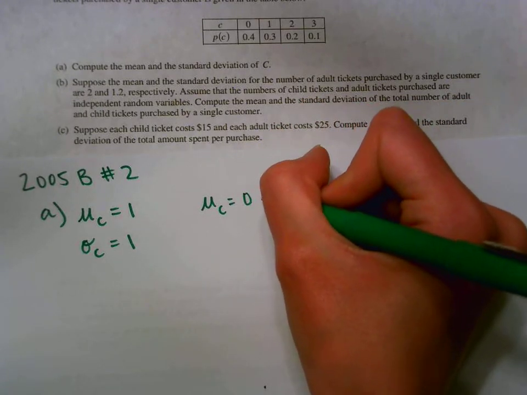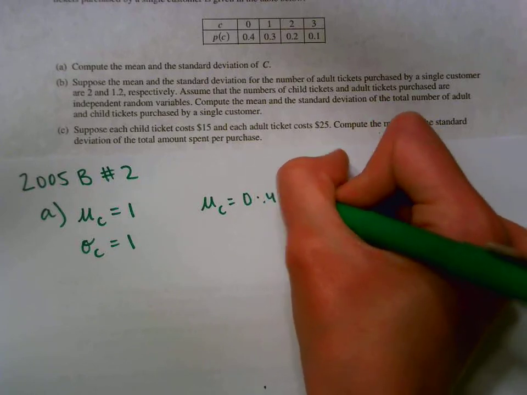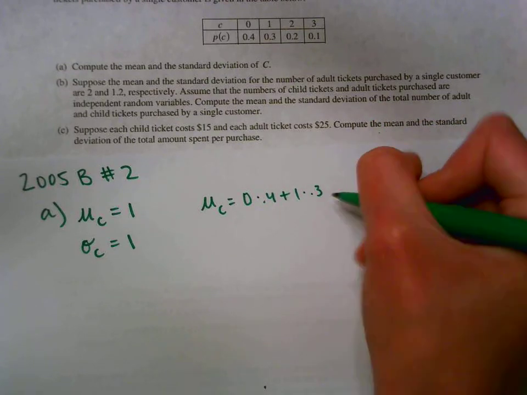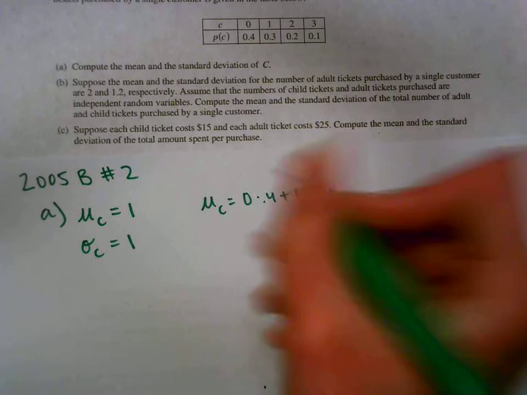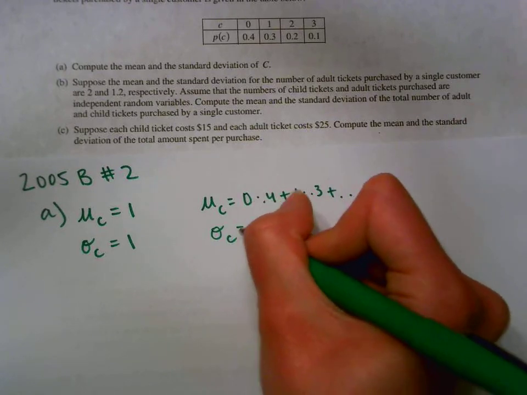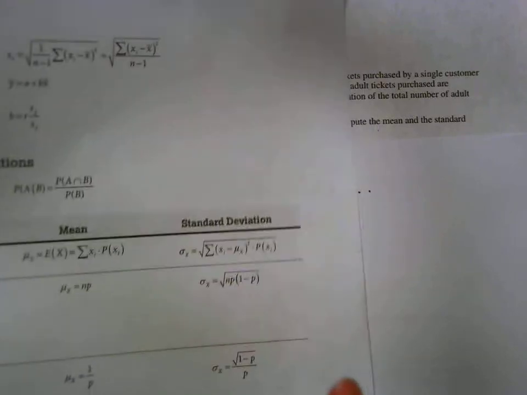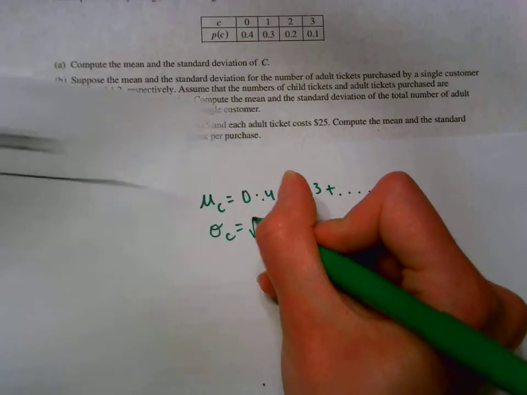If you did it by hand, you would do 0 times 0.4 plus 1 times 0.3, and then you could just put dot dot dot. And the standard deviation, if we were going to use the formula, you would do the square root.